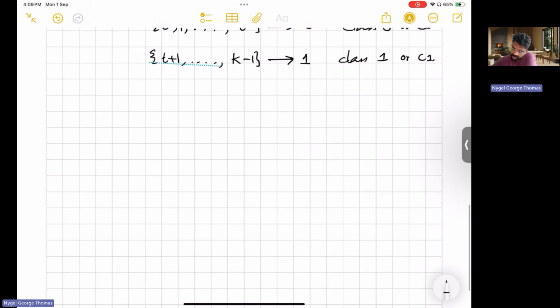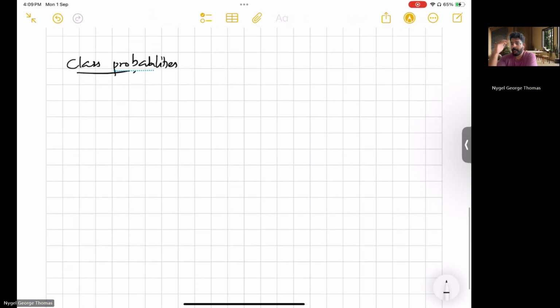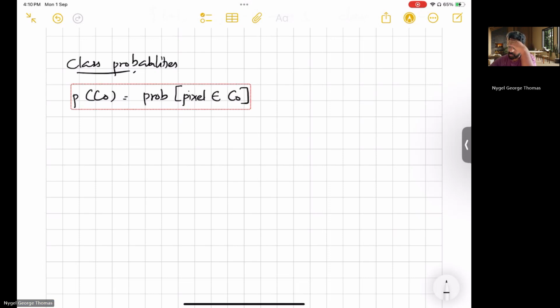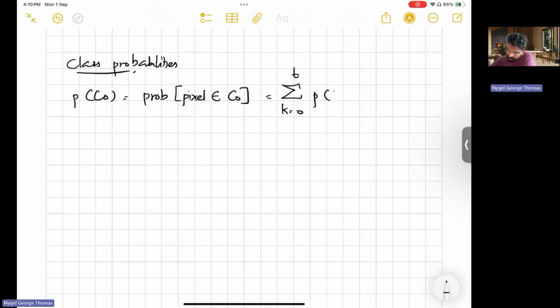Now let's define something known as class probabilities. In Otsu binarization, we're actually using a probabilistic picture of finding T automatically. So what is the probability that a pixel belongs to class 0? P of C0 is the probability that a pixel belongs to C0, which is the sum from k equals 0 to T of p of k.